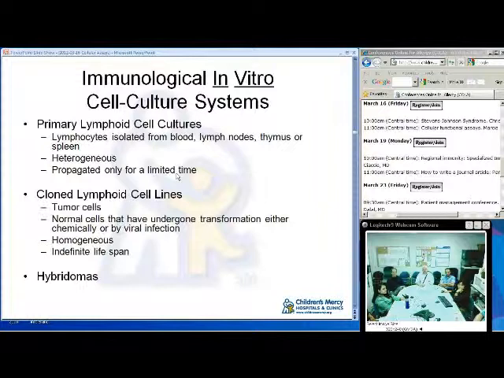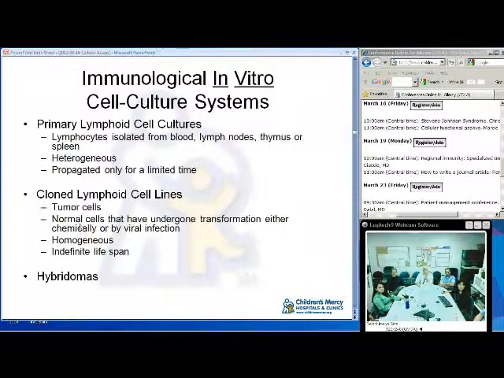You can keep them growing for quite some time if you add maybe a cocktail of cytokines, but they don't have an unlimited length of time in which they'll grow in vitro.